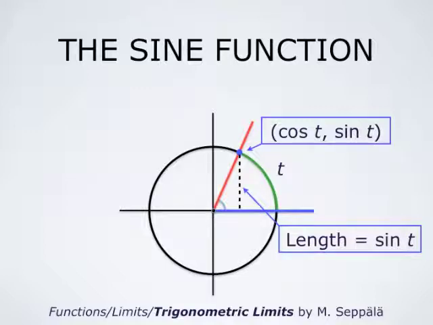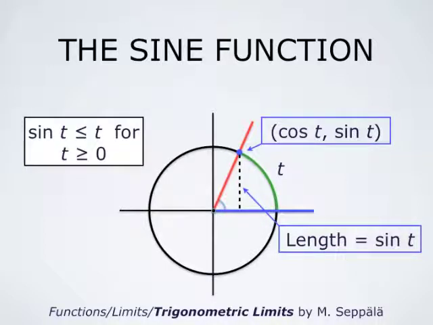This green circular arc joins the blue dot to the x-axis as well, but it does not take the shortest route. This means that sine of t is less than or equal to t for all t greater than or equal to 0.